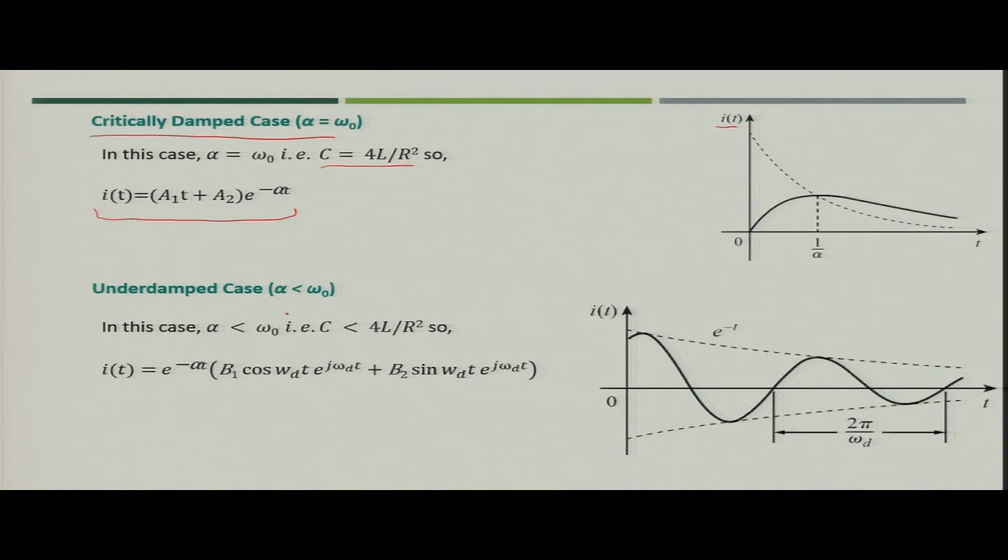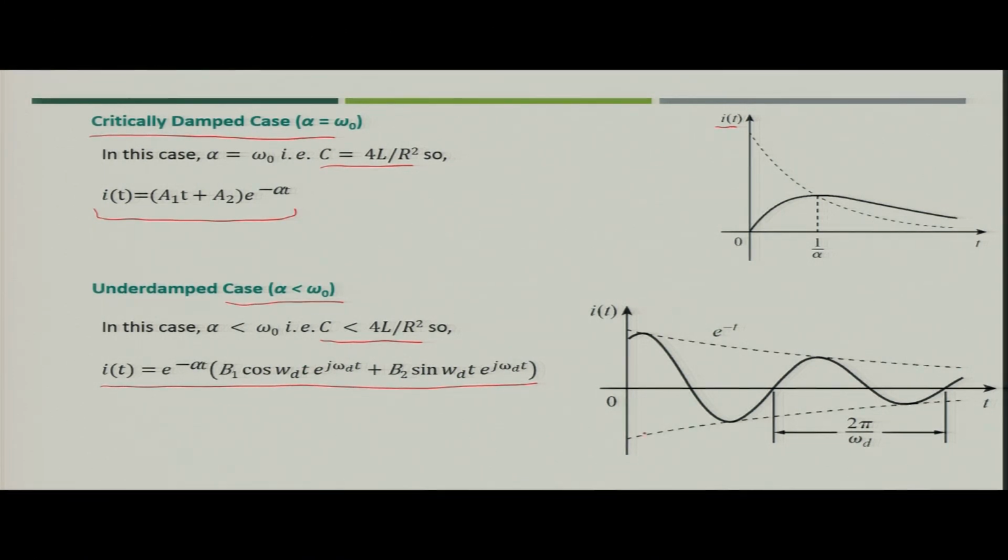The third case we discussed was alpha less than omega naught. In that case, C was less than 4L by R square, and the current equation we got had an exponential term as well as sine and cosine terms.